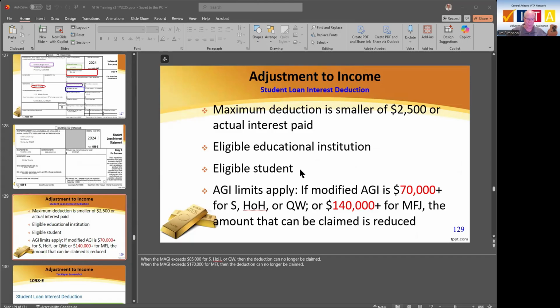It had to be an eligible student. I'm trying to think of who an ineligible student would be, and I can't really think of that. AGI limits apply. So if you're single and your modified adjusted gross income is 70,000 or more, you're not going to be able to take the deduction, or adjustment, I should say. And see, we use the terms interchangeably. Here I'm saying student loan interest deduction. It's actually an adjustment above the line.